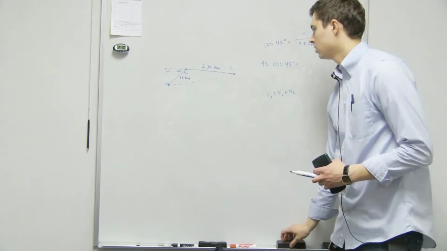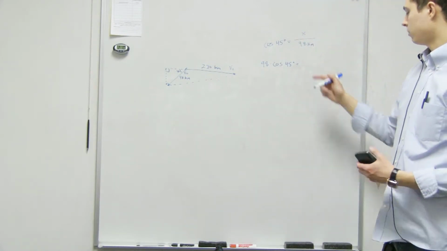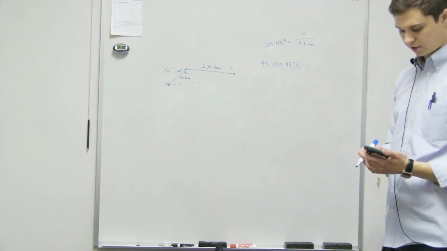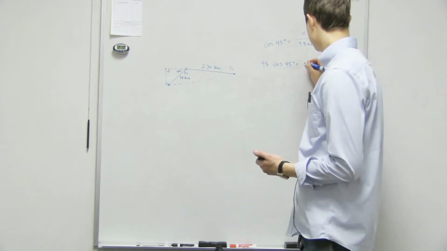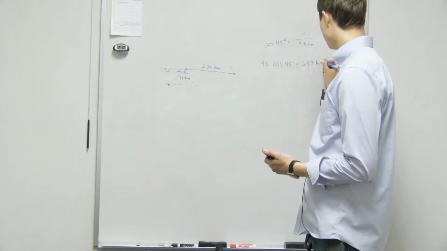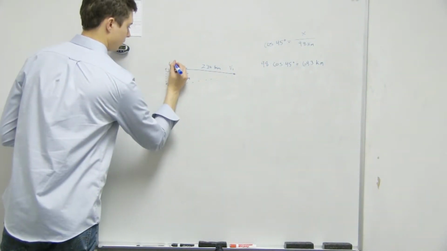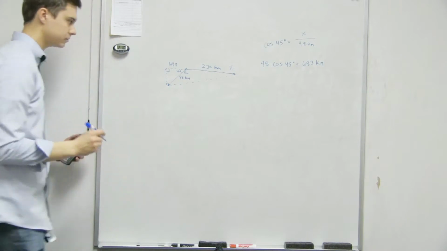Cool. So let's go ahead and plug that in. Or did you already do it? 69.3 is what I got. So 69.3 kilometers. Now we've figured out this stretch, 69.3.